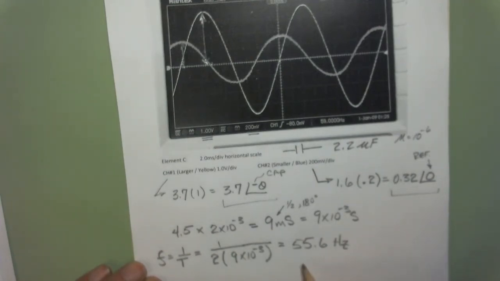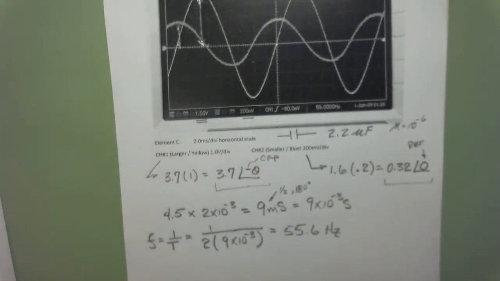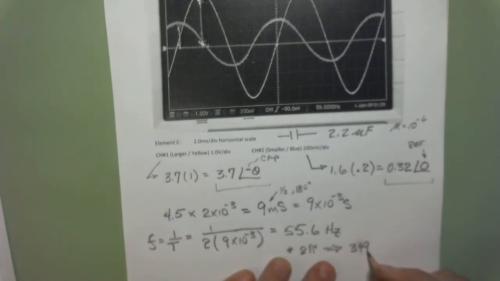And then I'm going to multiply this. We want to get radians per second. Well, I guess it's probably worth a little bit of commenting about this. 55.6, it's certainly not 60, but we're fairly close. As long as we know what it is, I think that's okay. I'm going to go ahead and then multiply by 2 pi, and that gives me then 349 radians per second. So that's our omega, right?